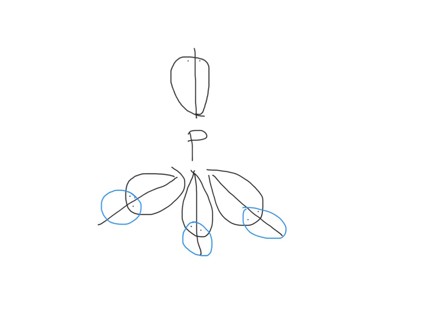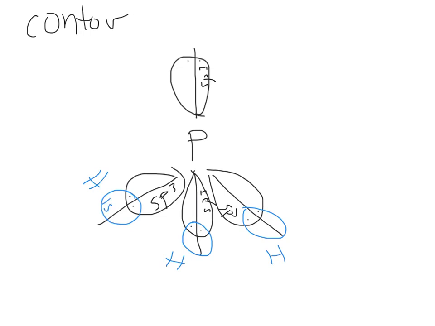So I went ahead and drew our contour diagram of our bonds here. So we saw that phosphorus hybridized to have sp3 bonds. So each one of these 4 are sp3 bonds. And then we did see that it did bond with hydrogen, with 3 of them, and each one from the electron with a 1s bond.